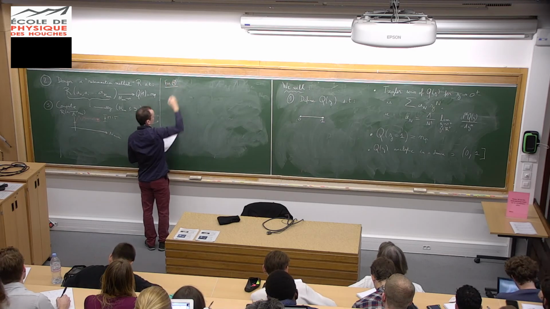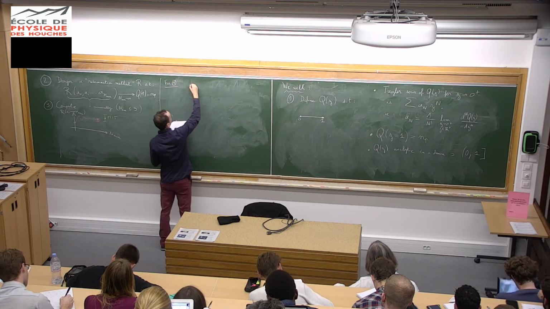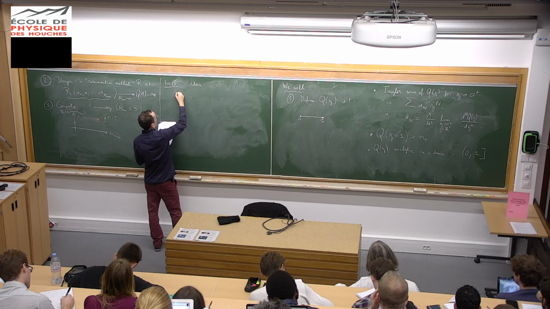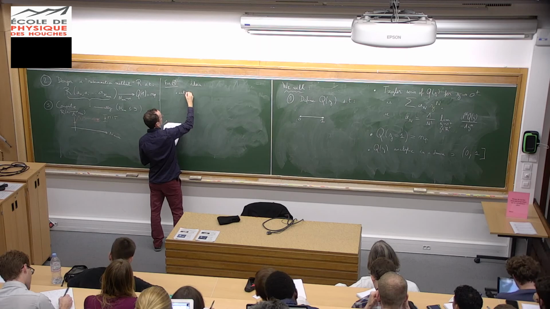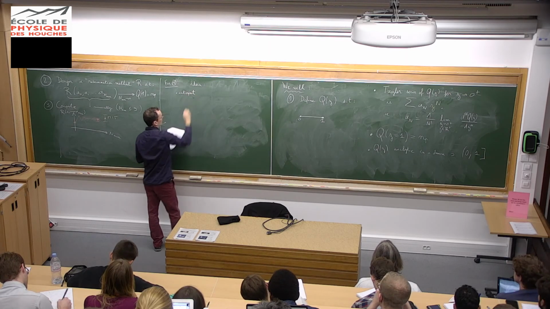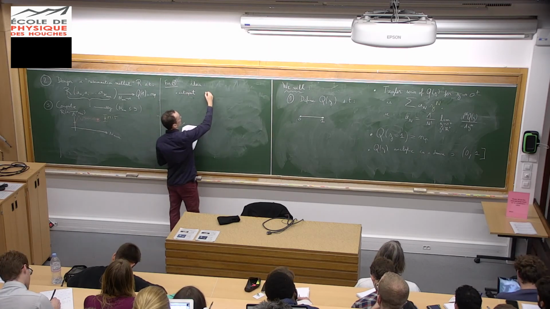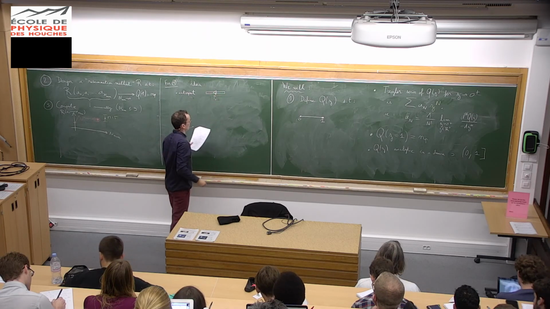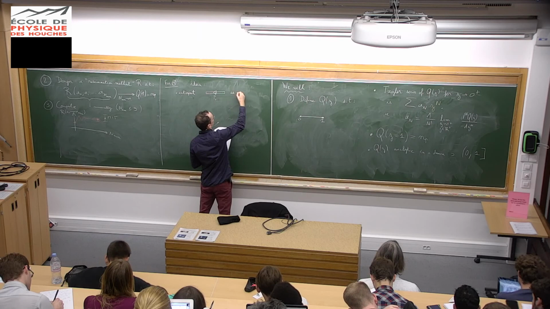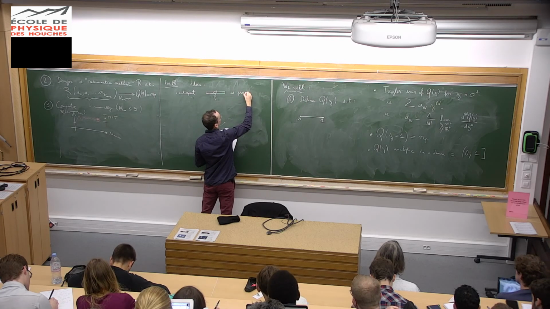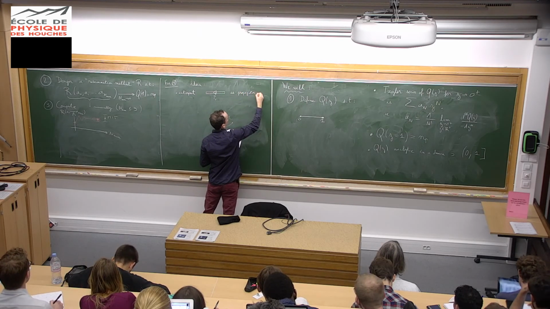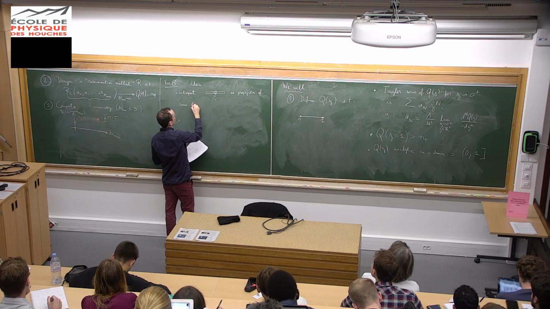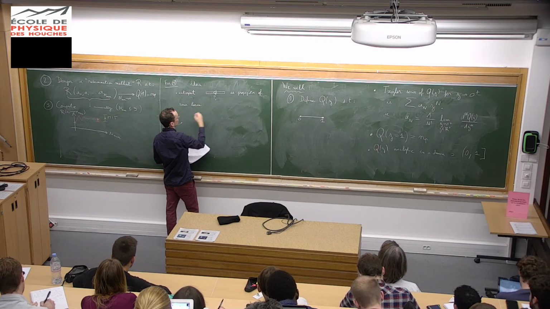So for point 1, the idea is the following. First of all, as I already mentioned, you can interpret this gamma 0 line as the propagator for some boson.